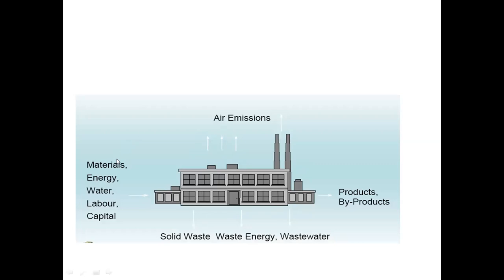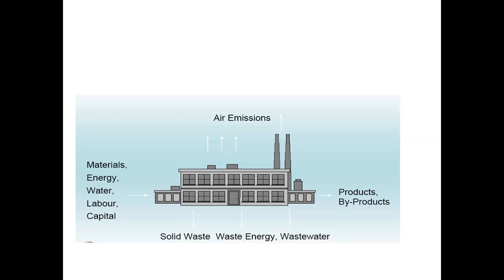We need raw material, energy, water, labor, and capital, and there are products and byproducts. Then waste is emitted as air and discharged as wastewater, and energy is also emitted as heat or noise, and there should be solid waste.